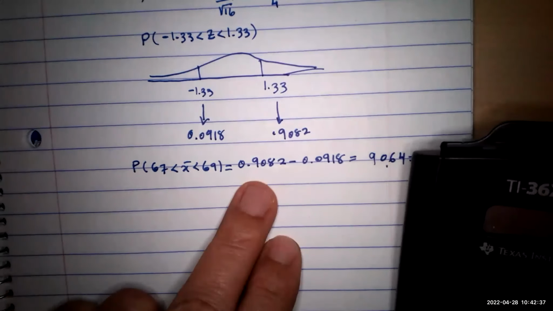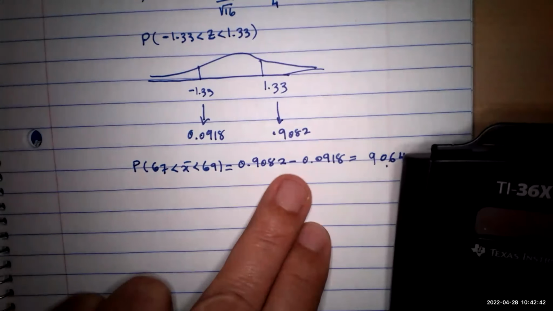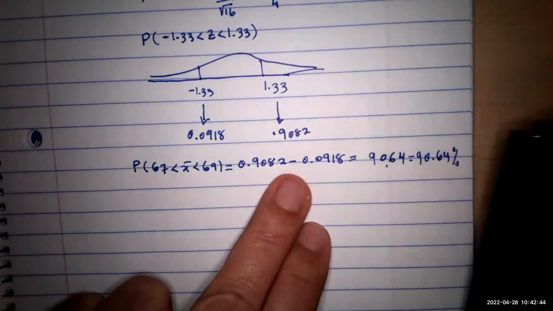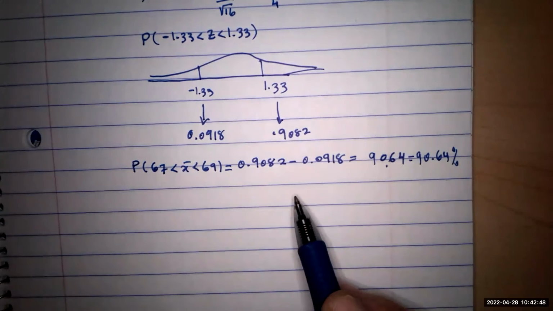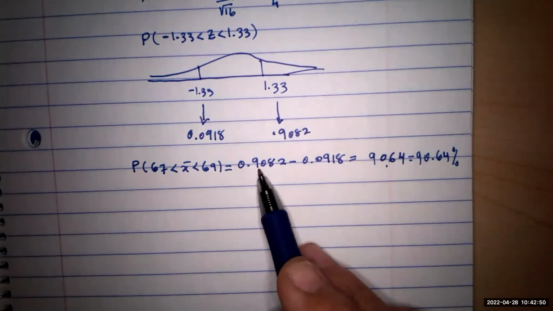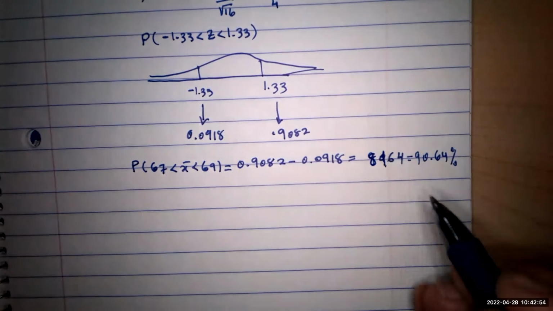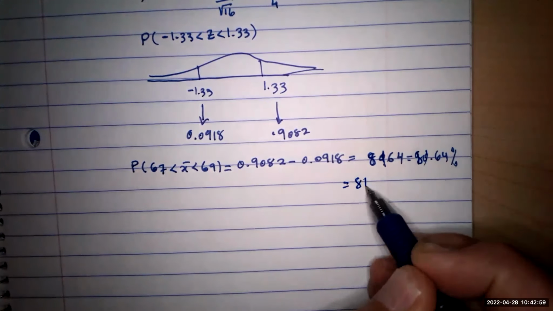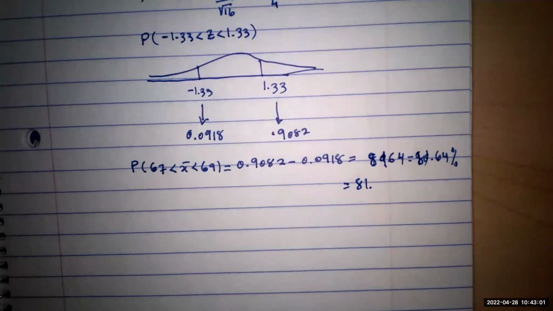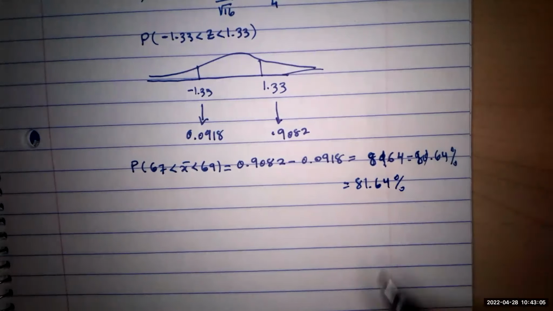Okay, I have 0.9082 minus 0.0918. So that would be 81.64. Yeah, that would be 80, but yeah, I missed something. It's going to be 81.64%. That would be 81.